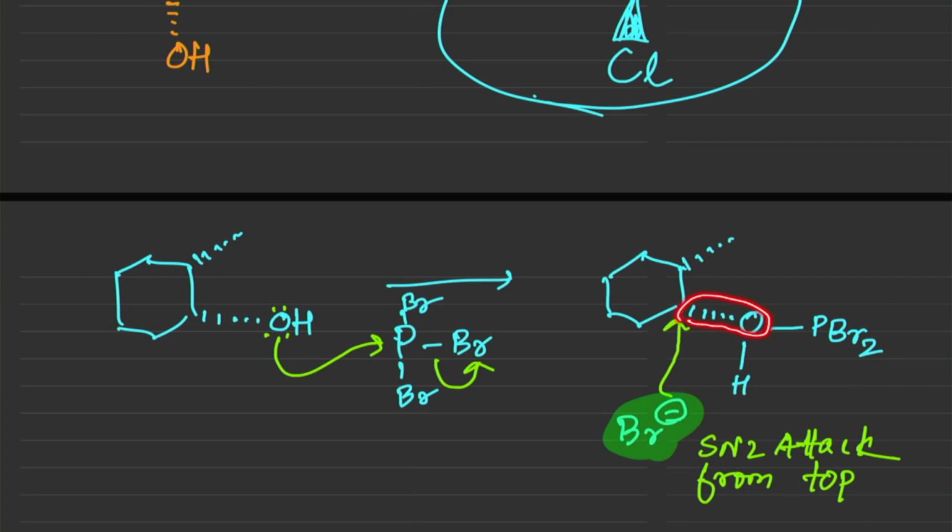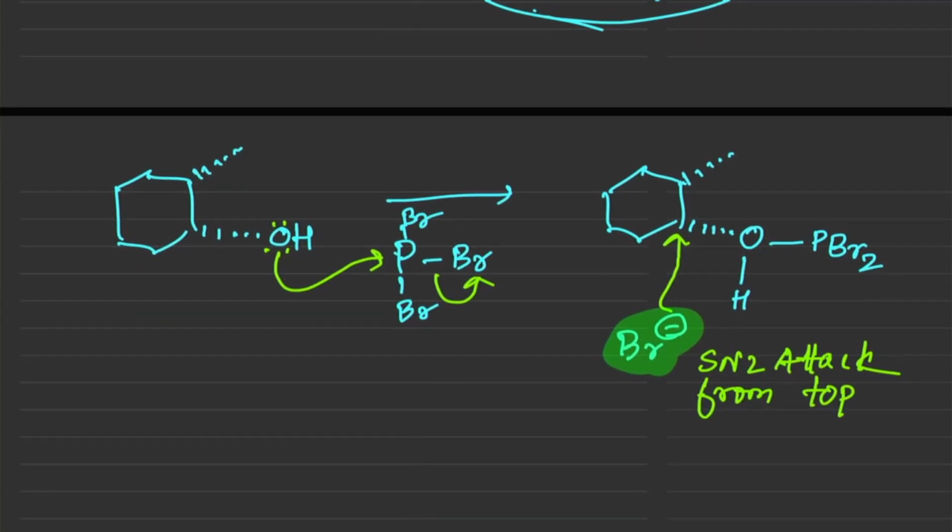Because the oxygen is pointing down, so it has to approach from the opposite side of the oxygen. Okay, OPBr2, there is a positive charge, I forgot to mention here.